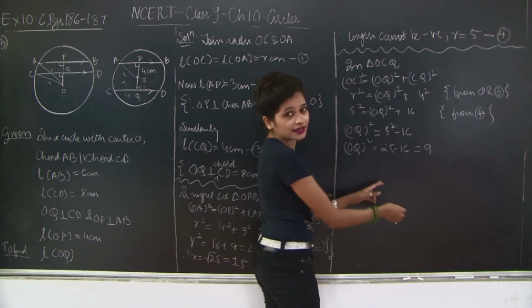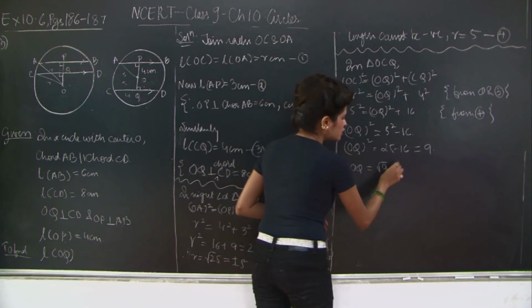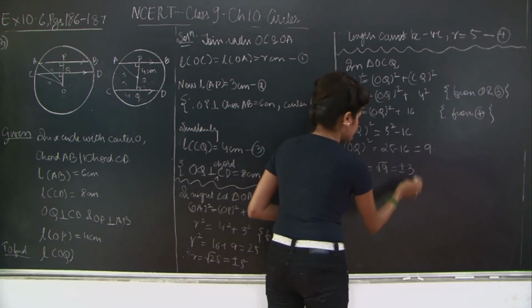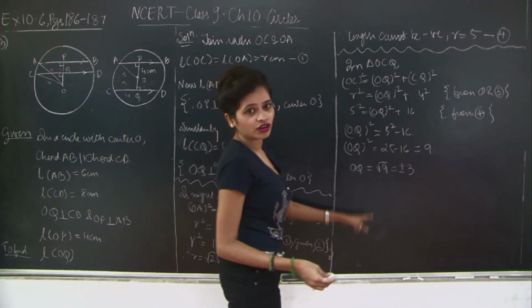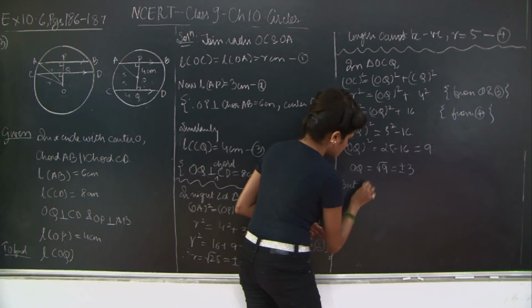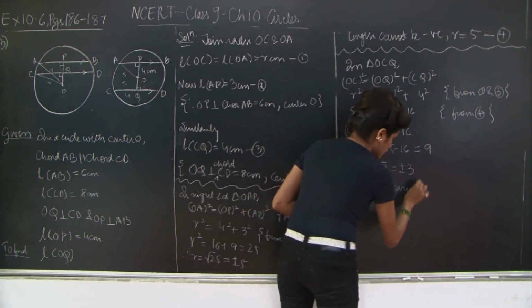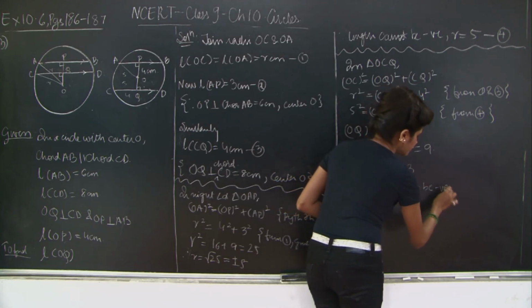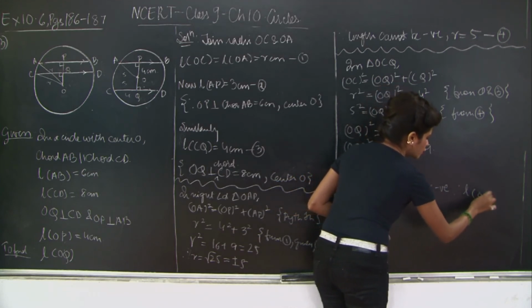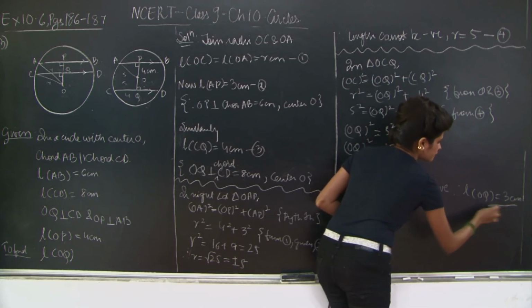Now OQ square is 9, therefore OQ will be under root of 9, which is equal to plus or minus 3. But length cannot be negative, so OQ is 3. Therefore, length of OQ is equal to 3 centimeters.